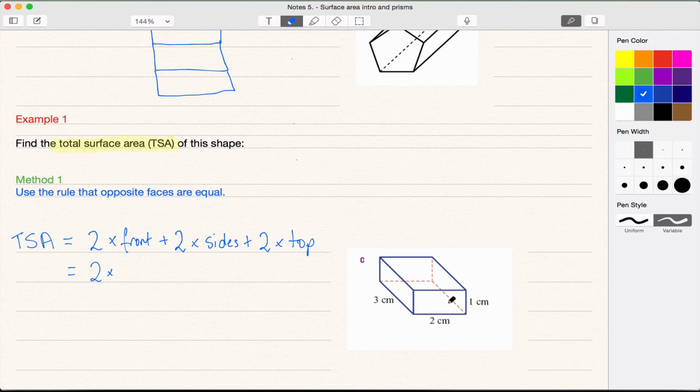Substitute our values in. The area of the front one is just 2 times 1. I'm just putting it in brackets here to make it clearer for you. Plus 2 times the area of the sides, so that's 3 times 1, because there's a 1 over here.